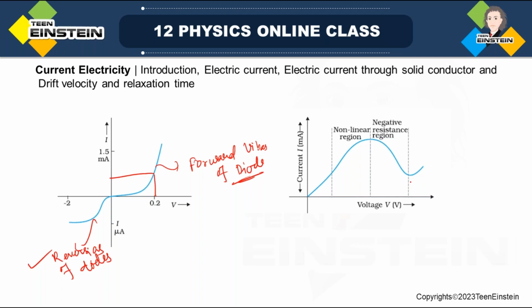But in some cases, if voltage and current vary like this, then they are not obeying Ohm's law, because for the same current I have two different values of voltage. There are two different voltages for the same current, which is not possible.